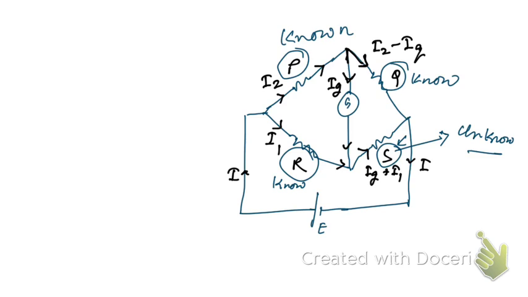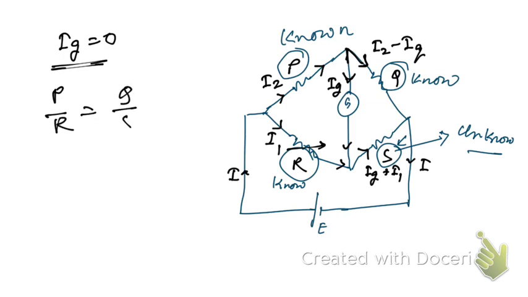Any one of these three known resistors must be a variable resistor, so that we can adjust its resistance such that the current through the galvanometer, Ig, becomes 0. Because when Ig becomes 0, the ratio of P to R and Q to S becomes equal.